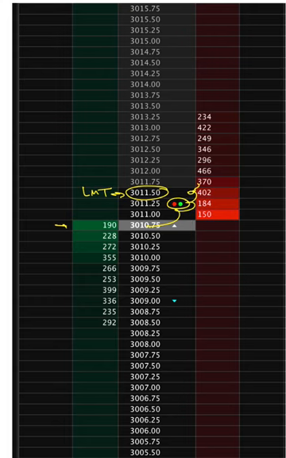Now just real quick, since I got the illustration up, to set your no loss trade, say we get in the trade over here. We got in right here to go long.